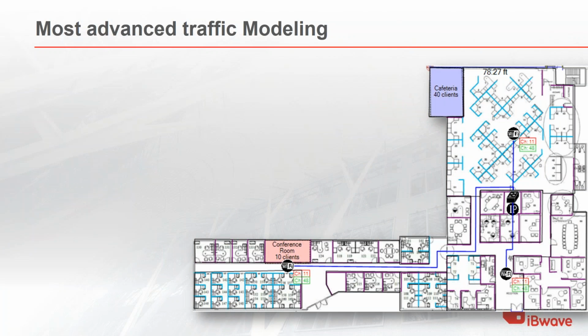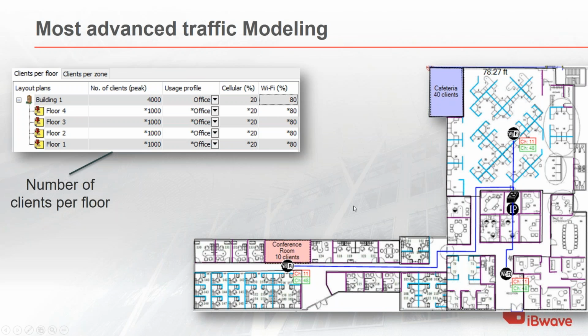If you look at this slide, you have a floor plan for a small office building, and the way we manage capacity now is, first thing, you have to define precisely the traffic that you have in your venue. You can define the traffic that you're going to have per floor. So you can provide the number of people on each floor that you need to support, and that number includes people regardless of the network that they are using.